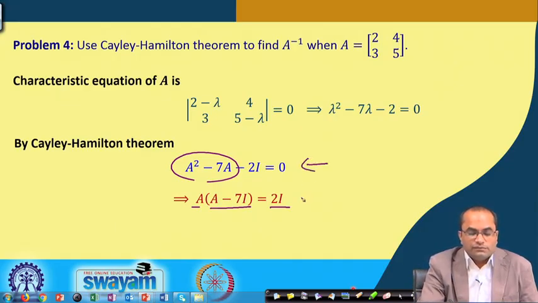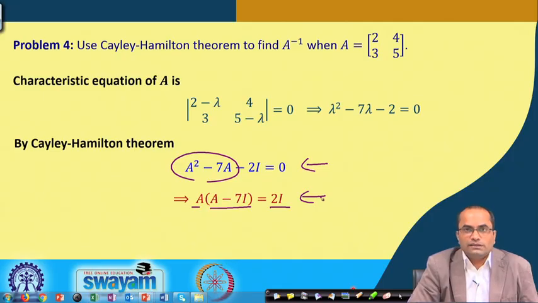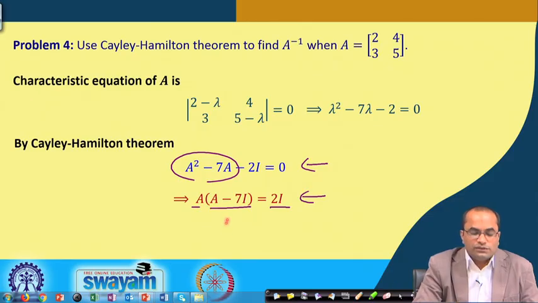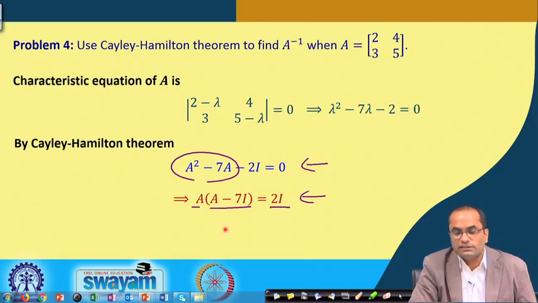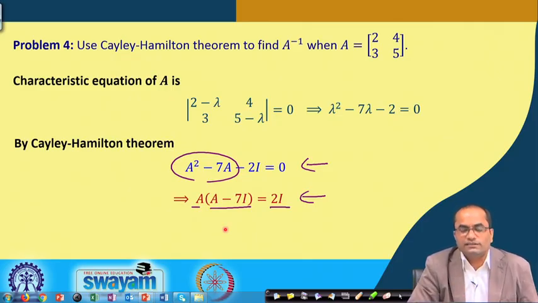The Cayley-Hamilton theorem says that every square matrix satisfies its own characteristic equation, but if we are now multiplying by A inverse here, that is only possible when A inverse exists. So we should not do such calculations when A inverse does not exist. We should verify first whether A inverse exists or not. In this case, naturally it exists.